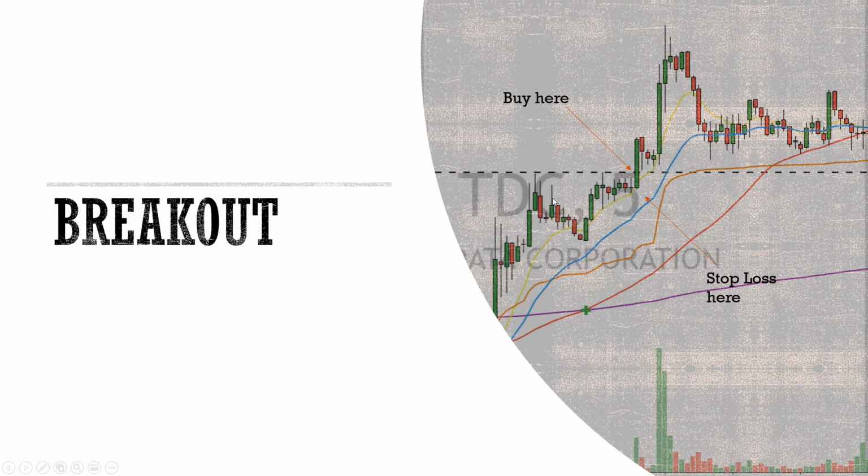Okay, all right, this is an example for a breakout, and we traded this today. We see the candlesticks forming resistance here at this level. Whatever that level is, doesn't matter. Let's say that level is $12. We see it forming resistance.